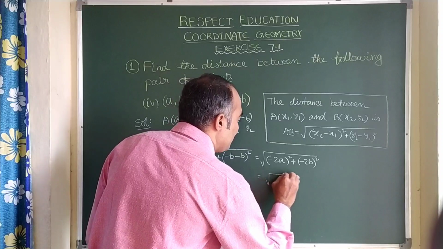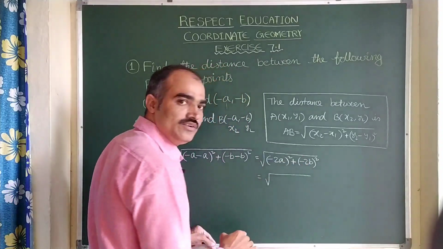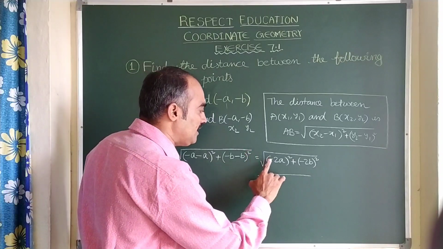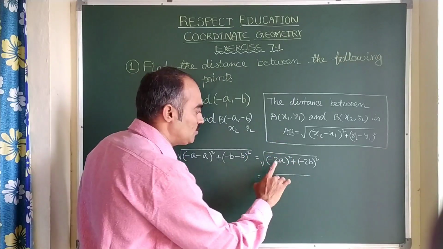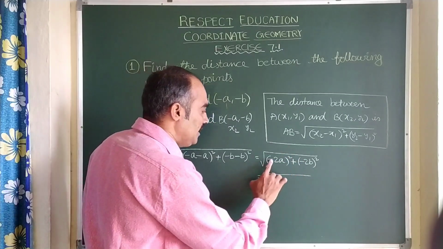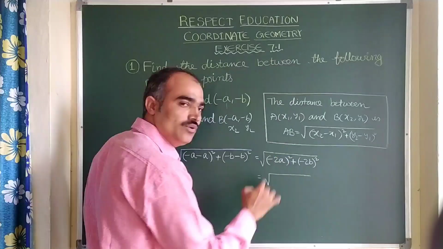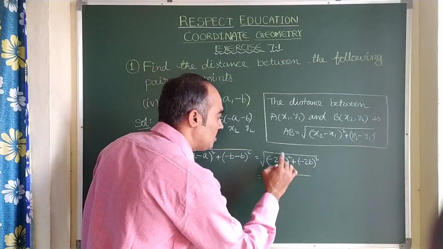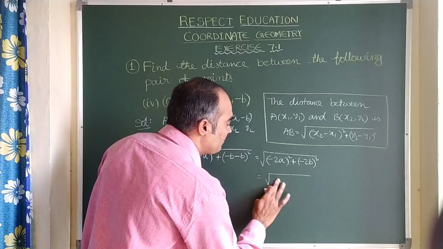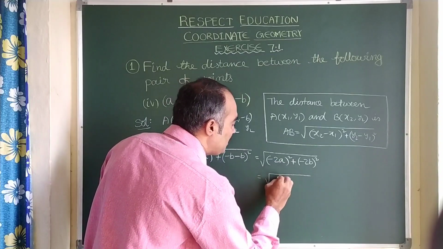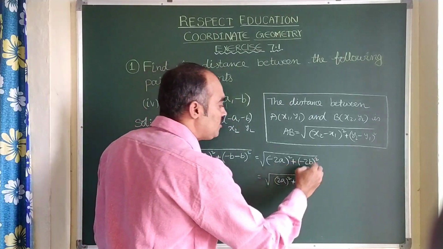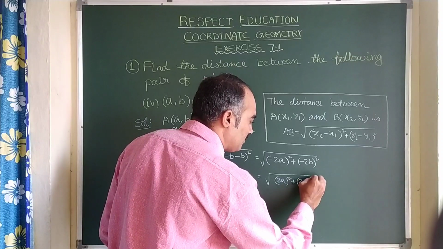Now minus 2a whole square or plus 2a whole square, both are same, or you can write minus square becomes plus, so it is 2a whole square. Is it clear? If not, minus 2 whole square is 4, so I am writing this as 4 times, or here let us write this as plus 2a whole square plus minus 2b whole square, nothing but plus 2b whole square.